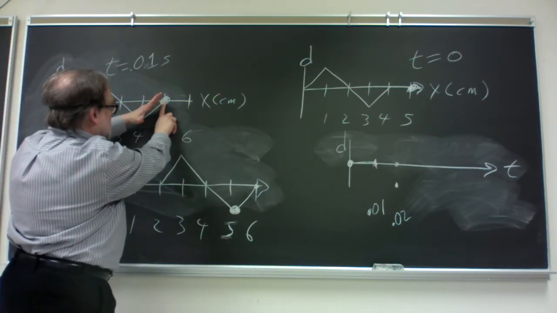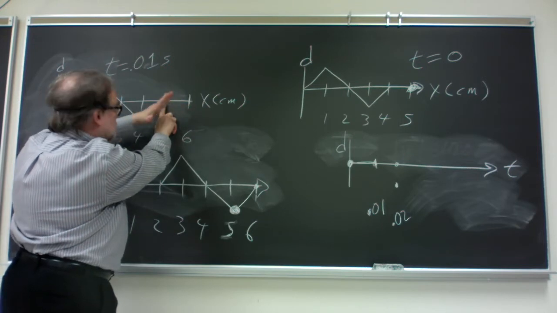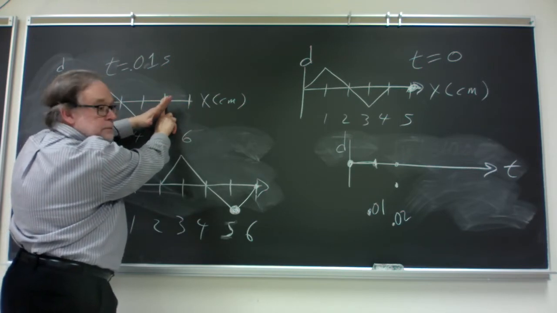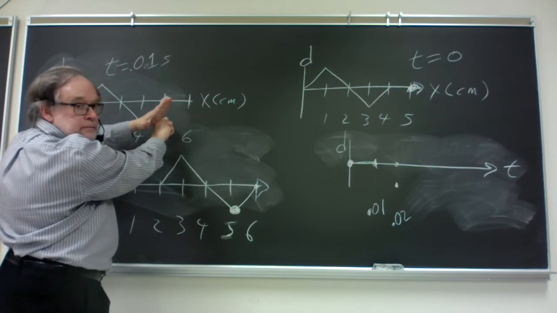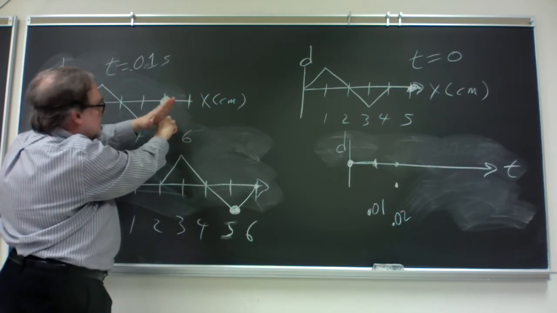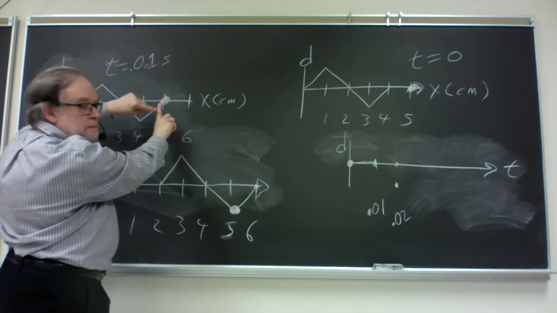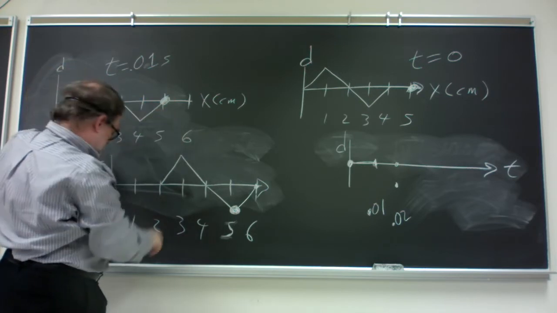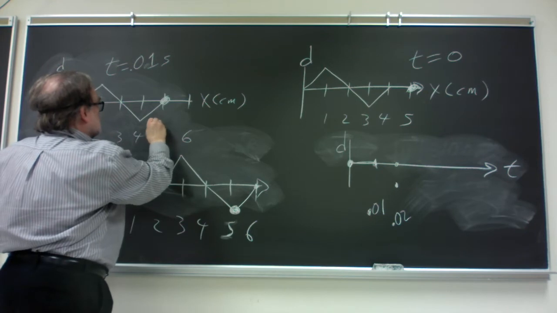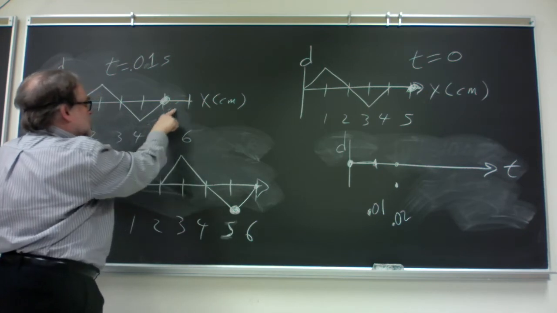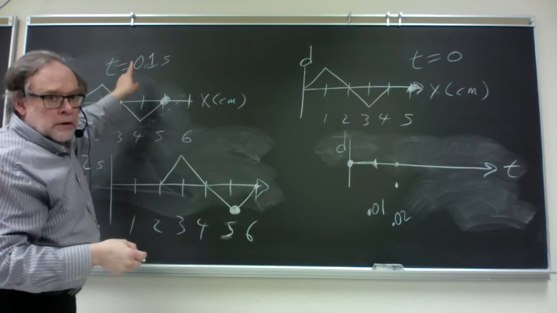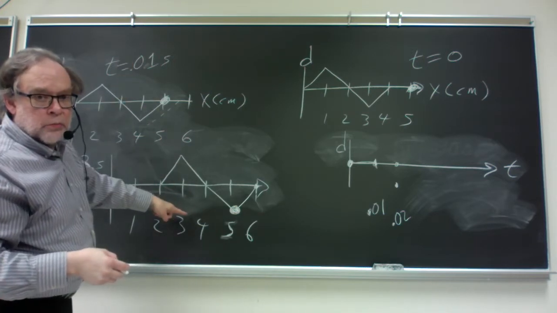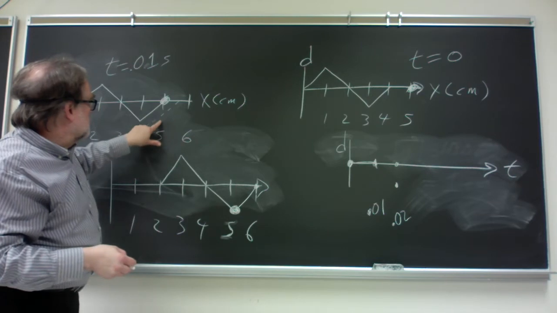So just imagine this kind of shape passing through. When this much of the shape has passed through, then at a later time, later than 0.01 but still before 0.02, the front of the pulse looks like this.